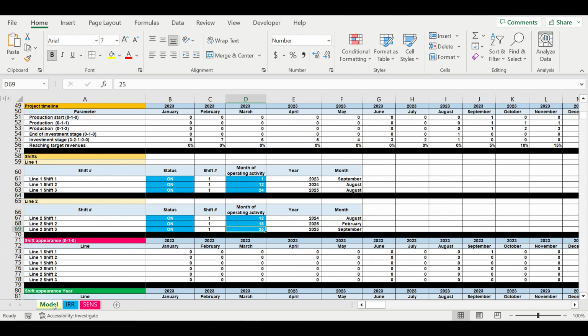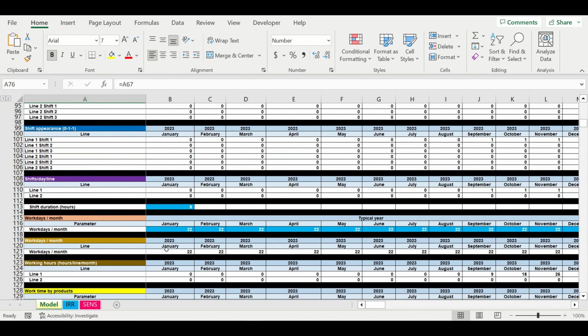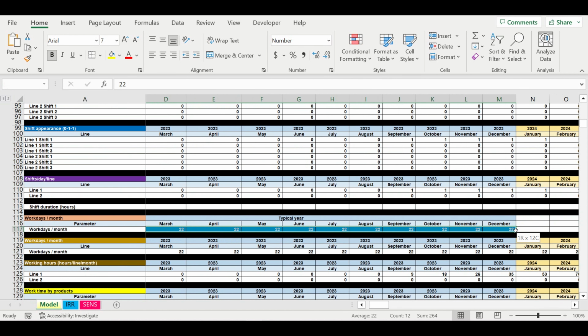Is there a huge gap between the financial result of 1 shift and 3 shifts? So this is very interesting to look at. Then we specify the duration of 1 shift, and how many work days we have inside each month, inside the typical year.